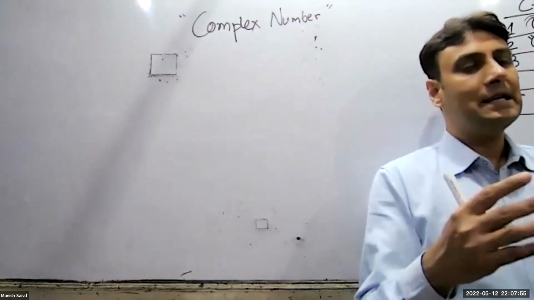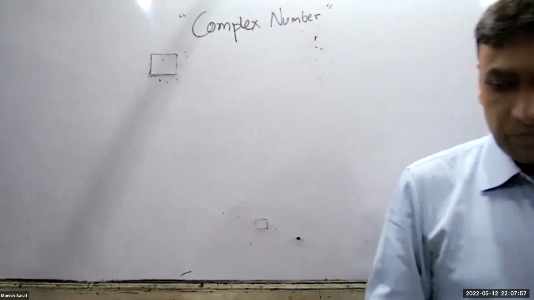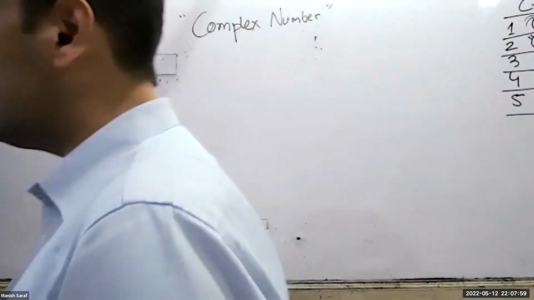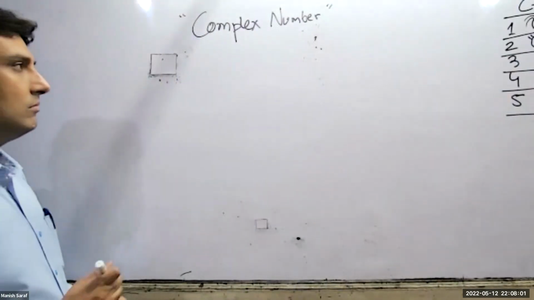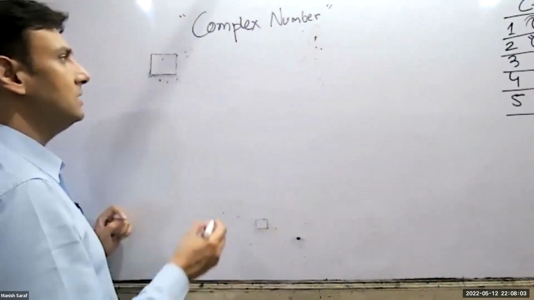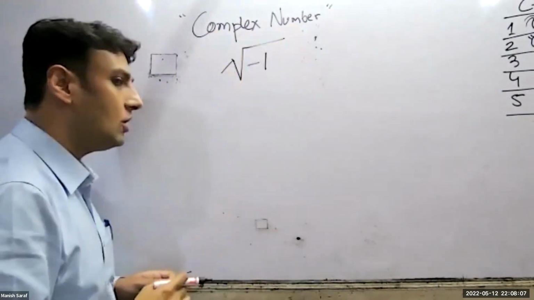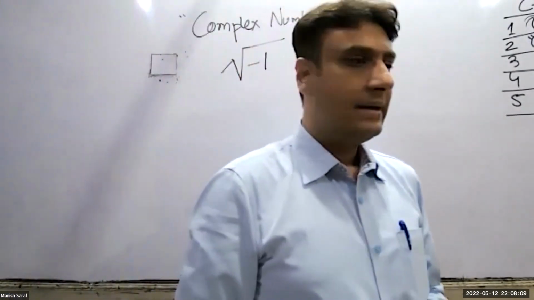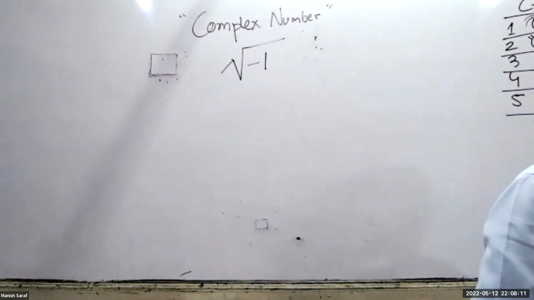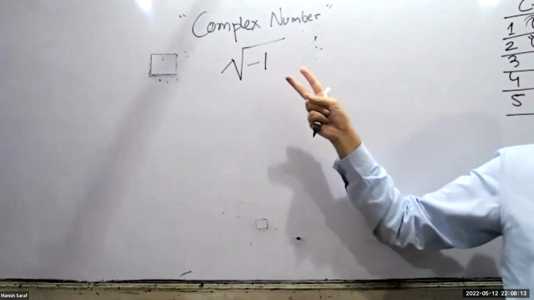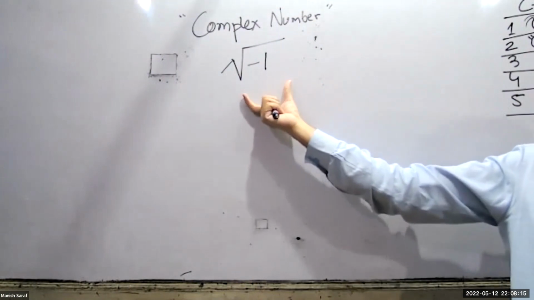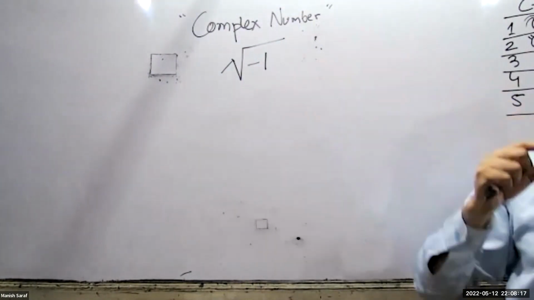So mathematical scientists, when they were working on this, they said, what if there is a number where I am finding square root of negative. Now, in real world, this is not defined. You cannot find square root of a negative number. ये defined नहीं है real world.